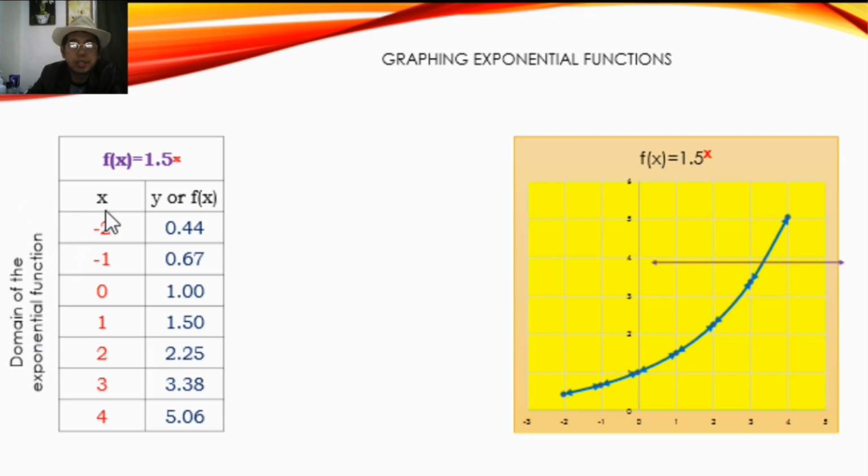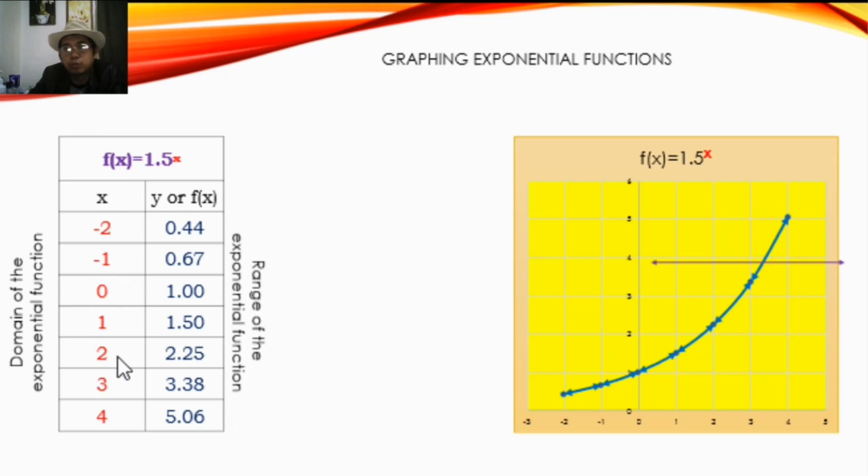So where is that located in our table? I have in here from negative 2 to positive 4. It does not mean that these are the only domain of the function, but as I said, the domain is all real numbers. These are just some of the domain.